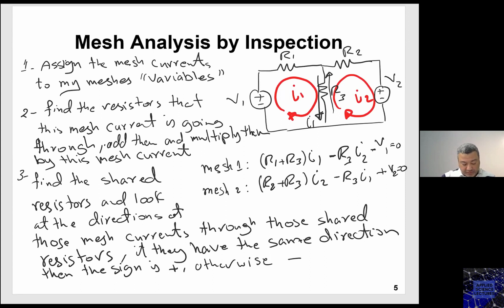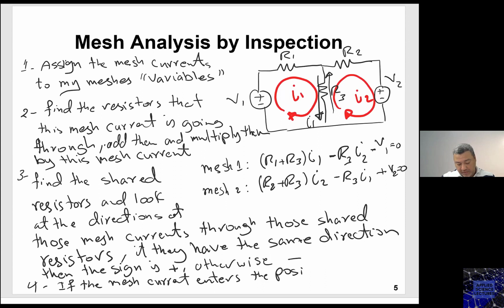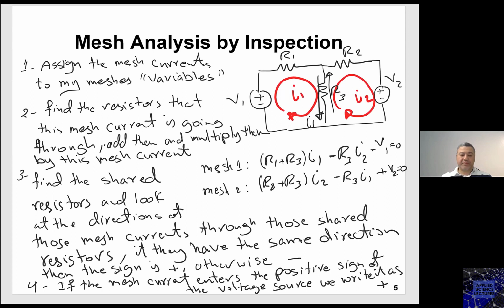And then if the mesh current enters the positive sign of the voltage source, we write it as positive.